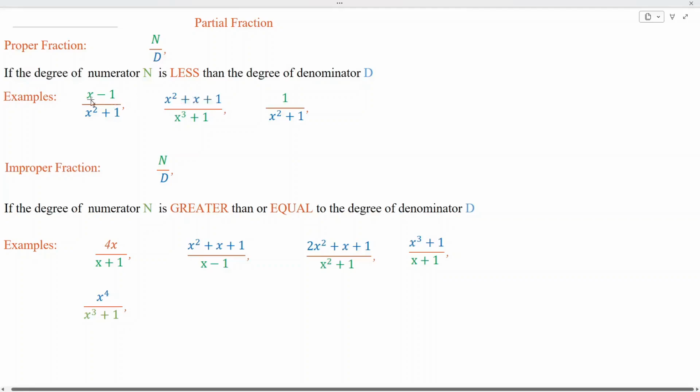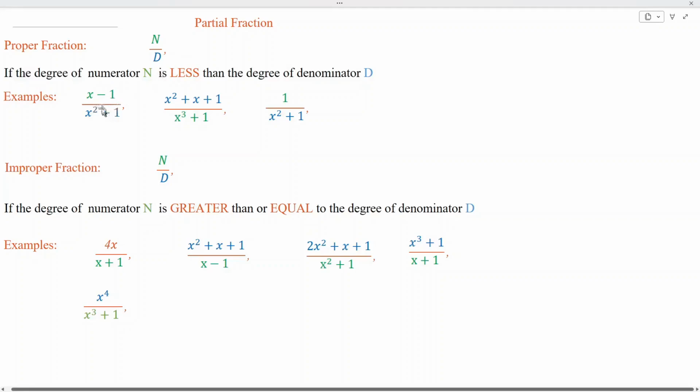The degree of the polynomial x minus 1 is 1 because the highest power of variable here is 1. Now what is proper fraction? If the degree of numerator n is less than the degree of denominator d, then that type of fraction is called proper fraction or proper rational fraction.